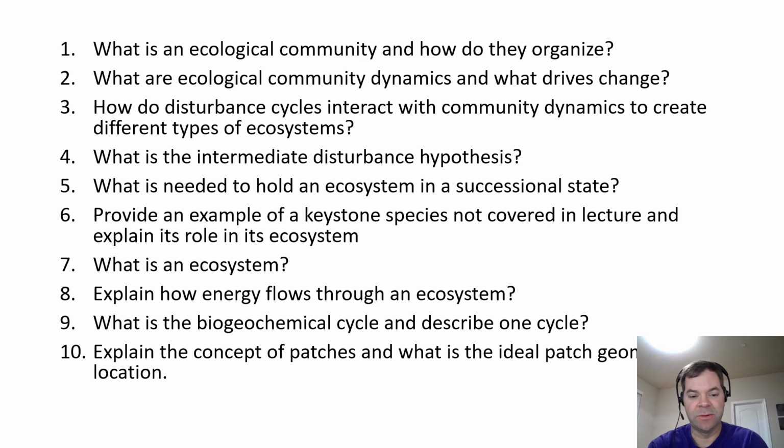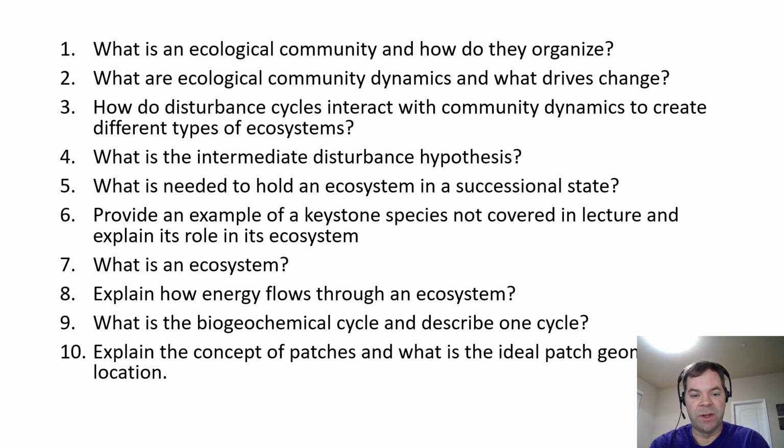They organize through species interactions, through predation and competition, and they organize through mutualistic relationships. An example of that would be mycorrhizal relationships with plants that grow in an area. Areas that have that, the plants will grow. Areas that don't have it, they won't grow.